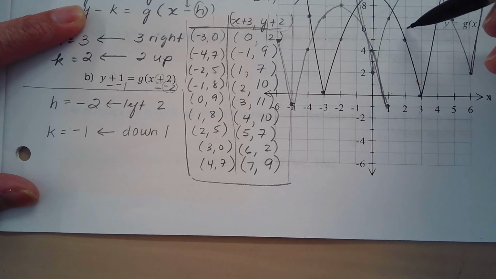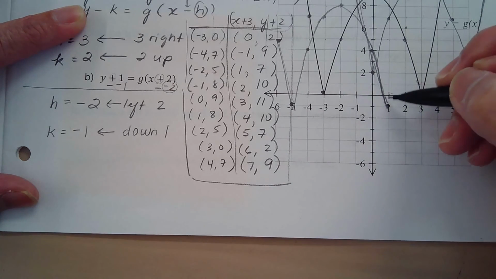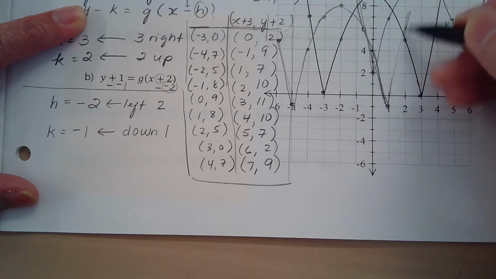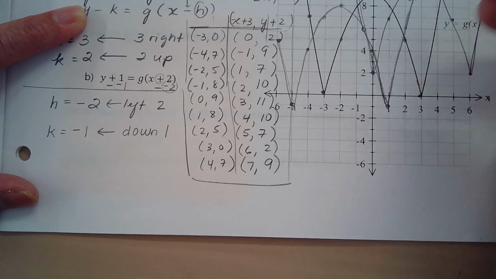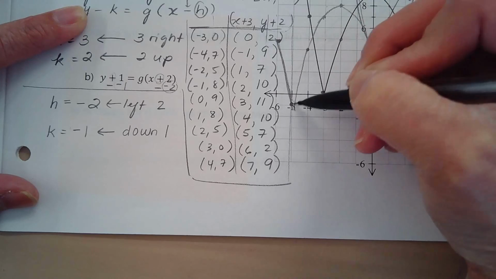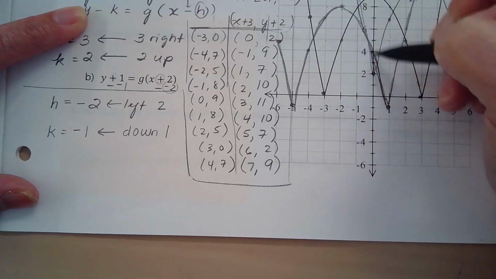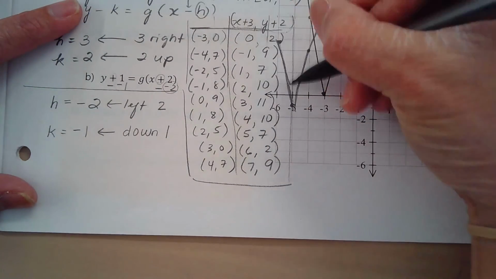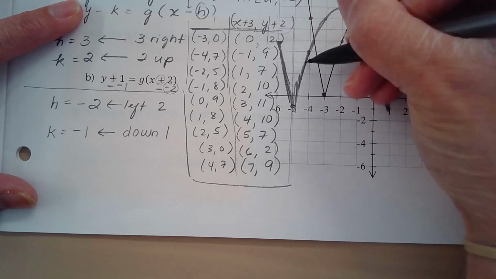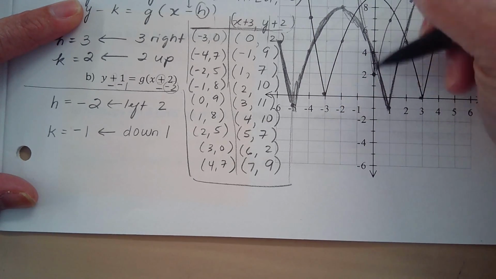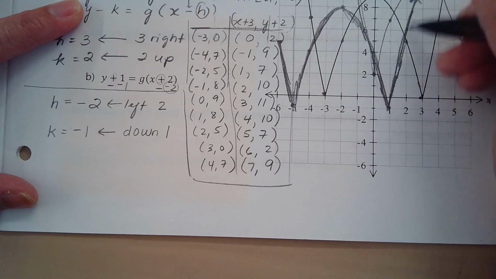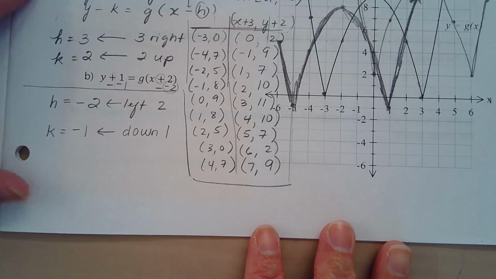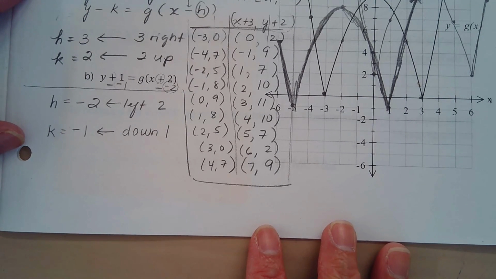Left 2, down 1. So this is what happens when I don't do the baby steps. I just highlight that, so we know that's the last one. I skipped quite a bit of steps in there.